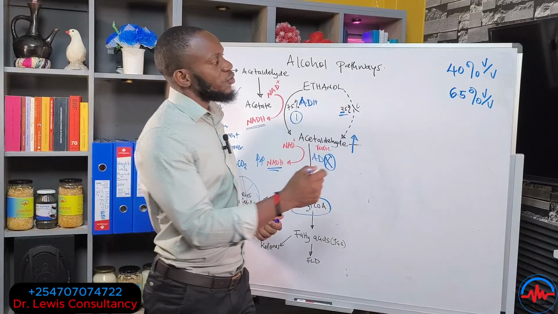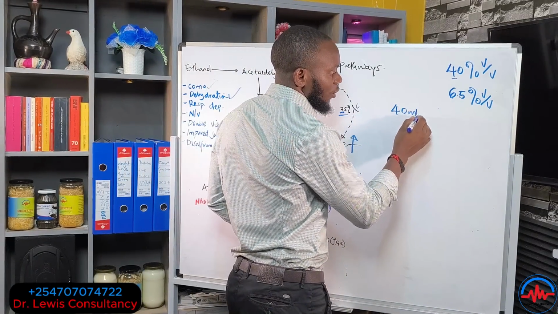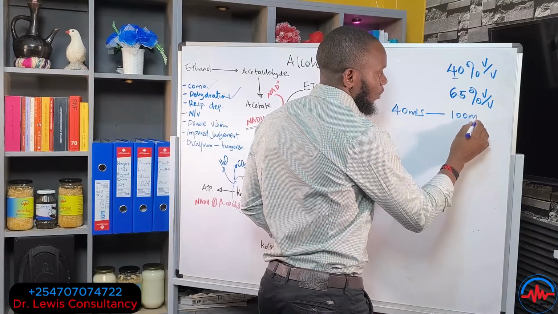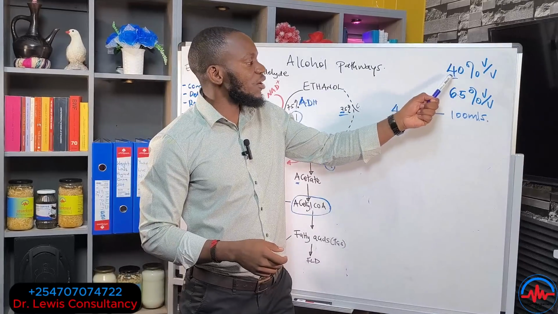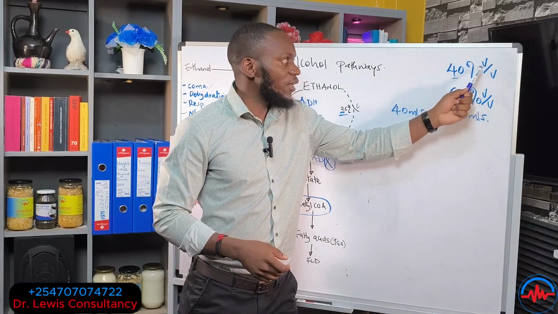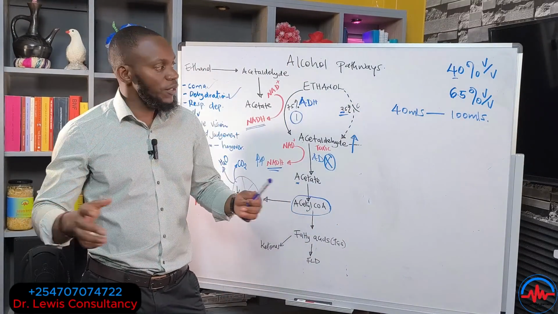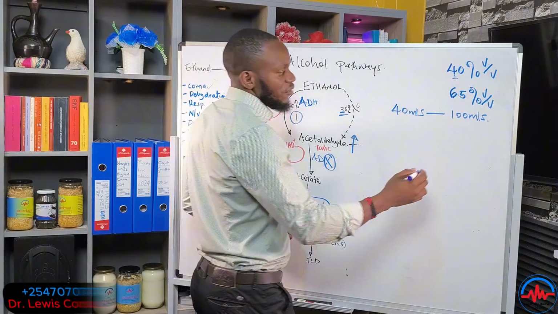This basically means if it's written 40%, you have 40 mLs of alcohol in 100 mLs of that fluid, or of the volume. Most of the alcohol bottles are about 750 mLs.